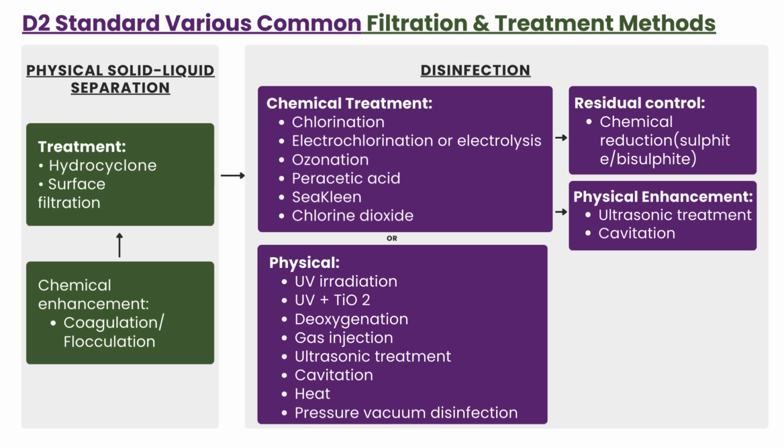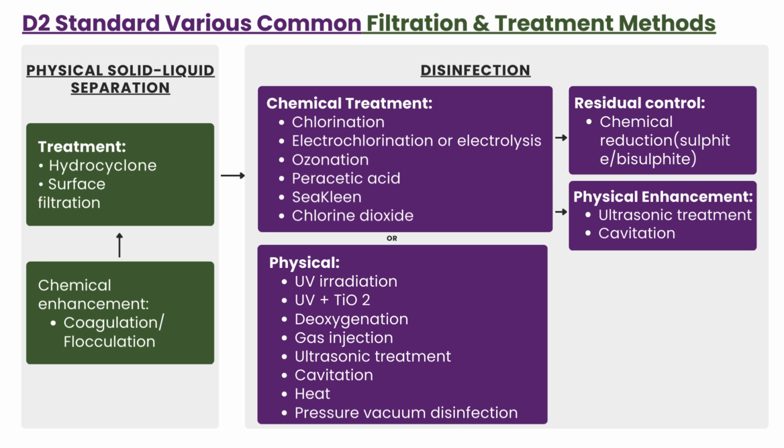The chemical treatment, the physical treatment. In chemical treatment, how the chlorination is done, the electrochlorination, the ozonation, peracetic acid, C-clean and chlorine dioxide are used.